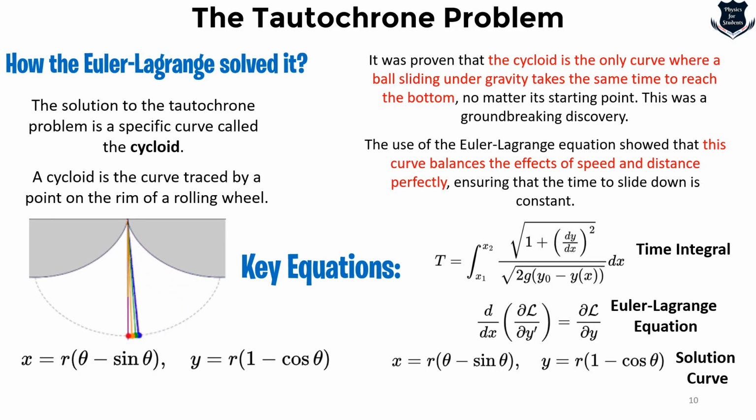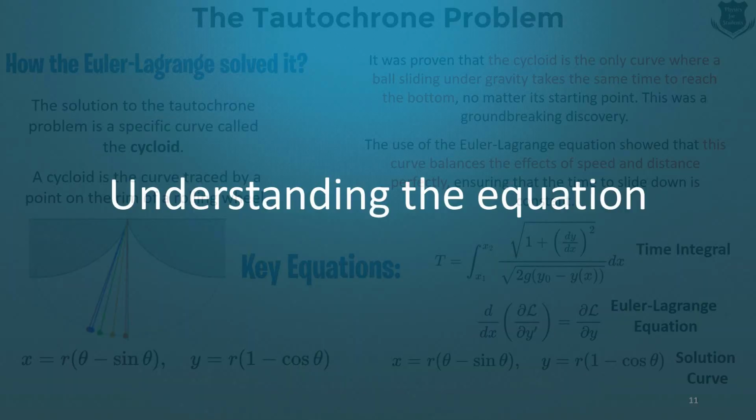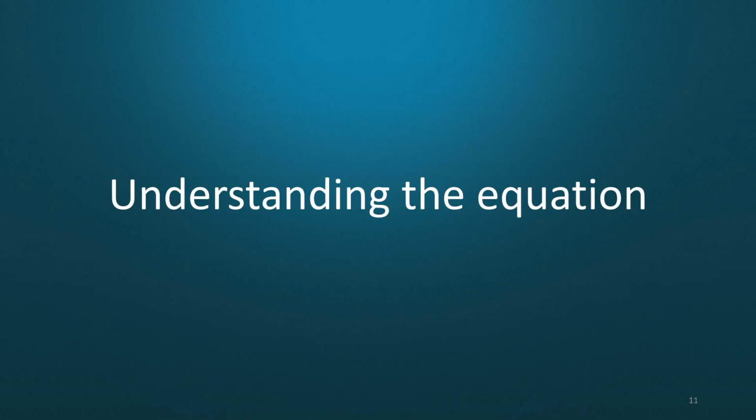So this is the Tautochrone problem, the basic root, the reason why the Euler-Lagrange equation was developed, and it shows the great personality of Leonhard Euler, giving Lagrange a chance to come forward and show the world his talent. So now we come to understanding the equation.